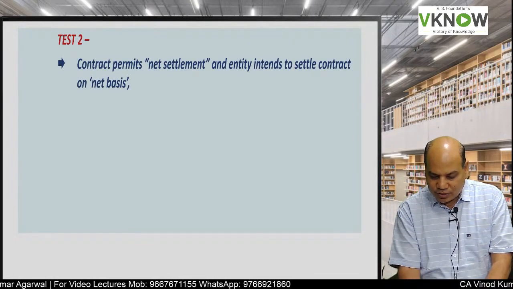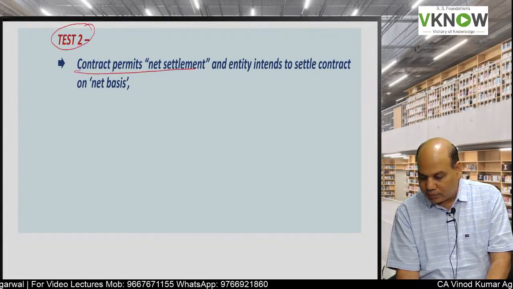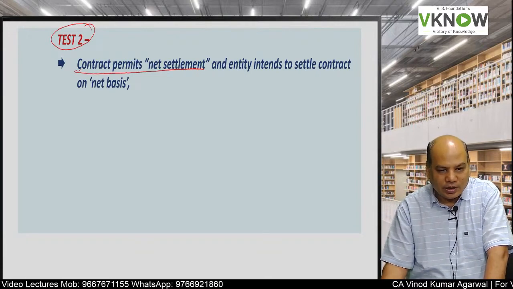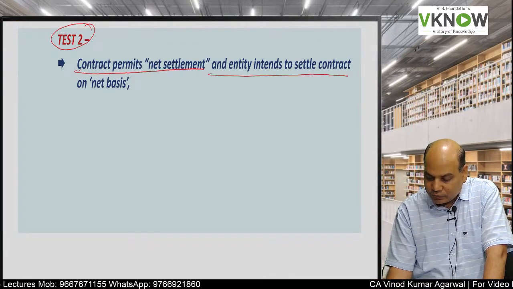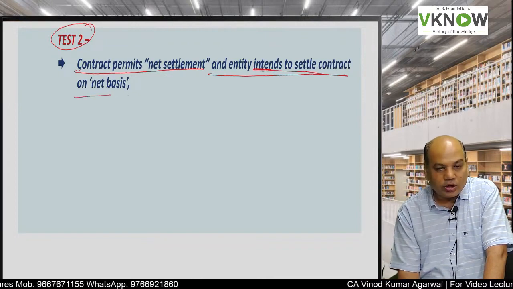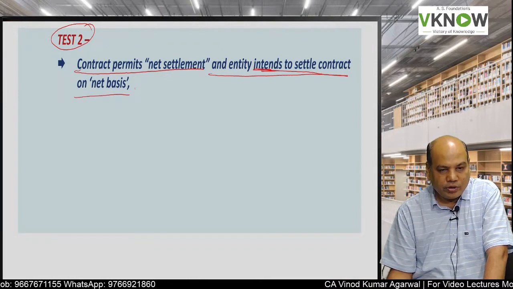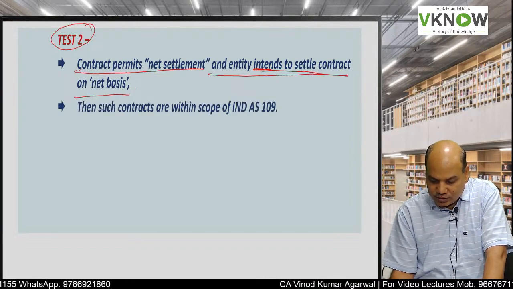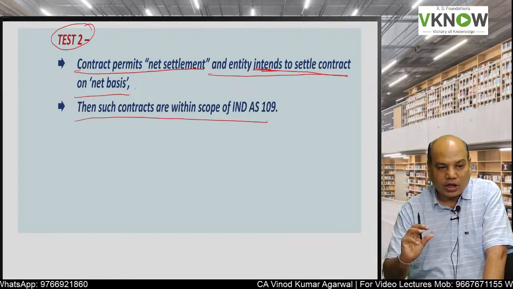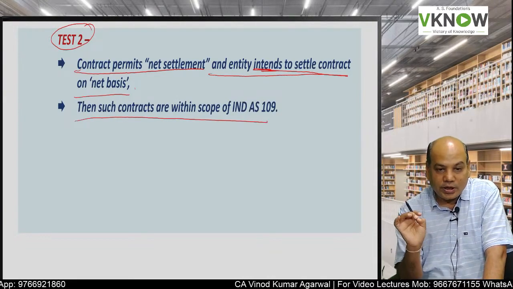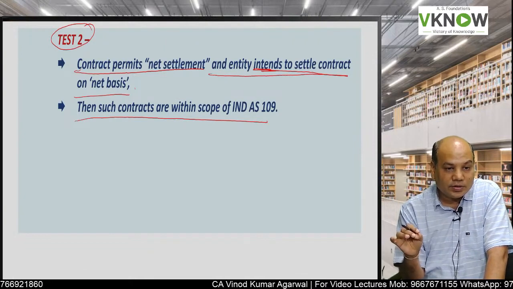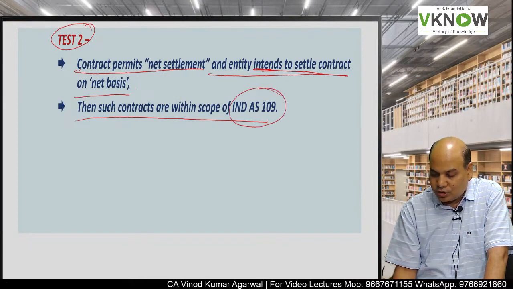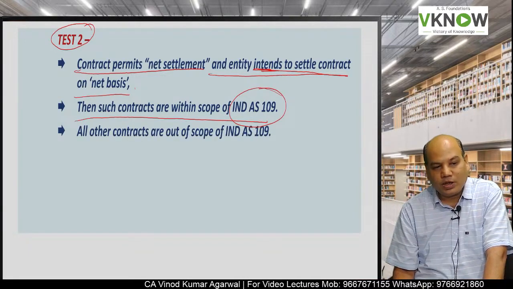Second test is whether contract permits net settlement. Does contract allow you to make net settlement and the entity intends to settle the contract on the net basis? Whether the entity wants to settle the contract on the net basis. If the answer is yes, the contract allows net settlement and the entity intends to settle on net basis, then also condition of IND AS 109 is satisfied and the standard will be applicable.